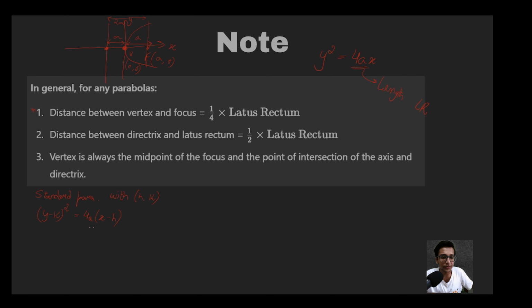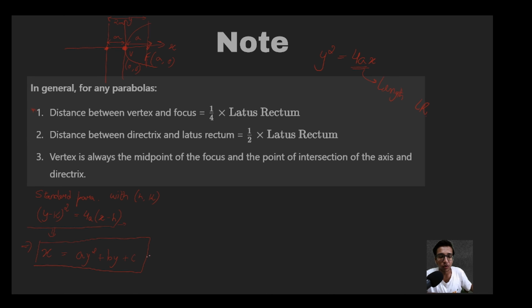If I was to represent this in the form of a quadratic, how can I write it? I can say x would be equal to some ay square plus by plus c. Now again, a, b and c can be found out by expanding this formula here. But for the time being, I'm assuming that this is our equation of the standard parabola.